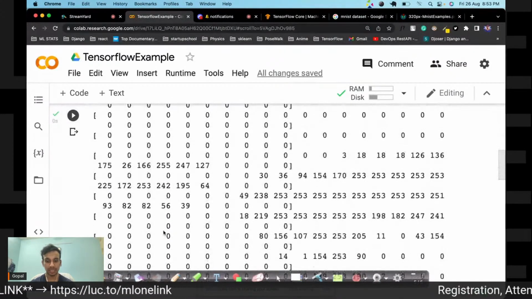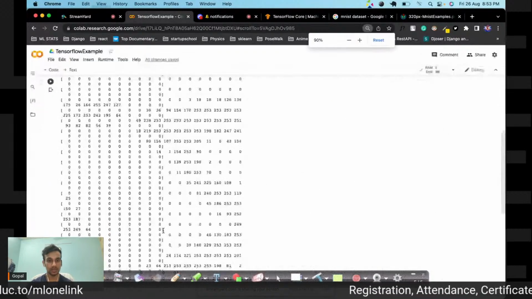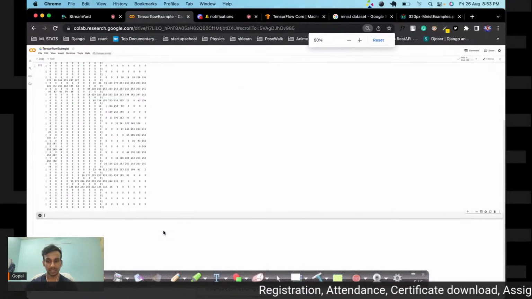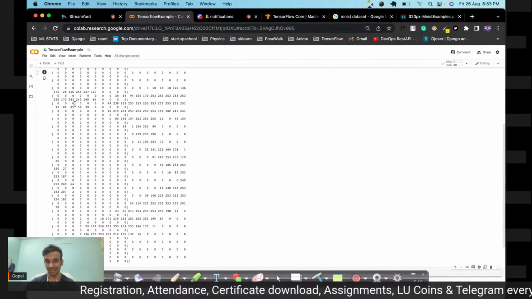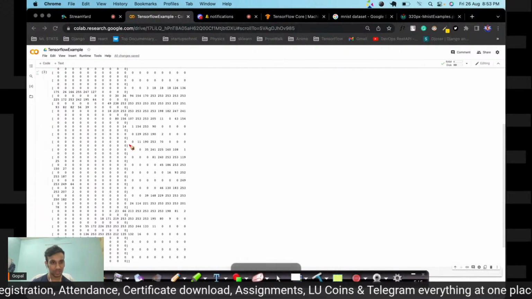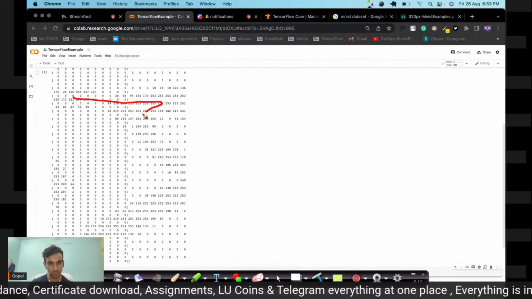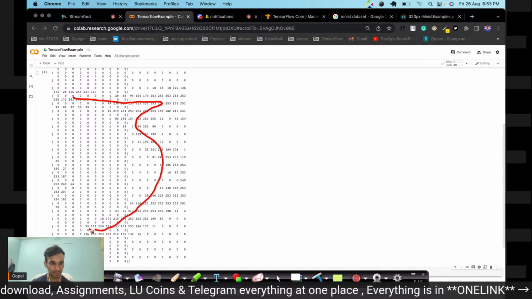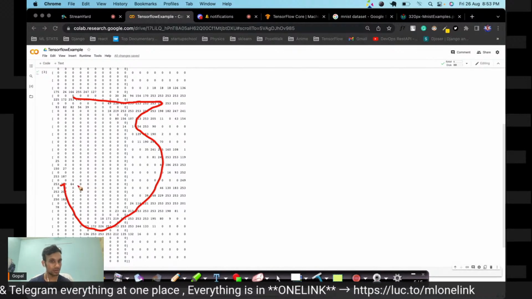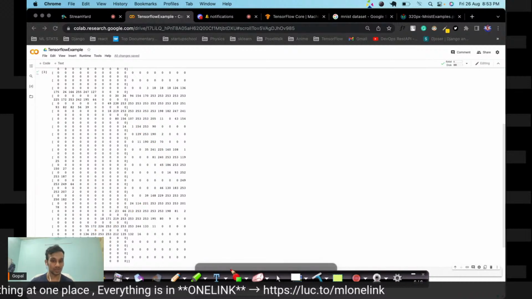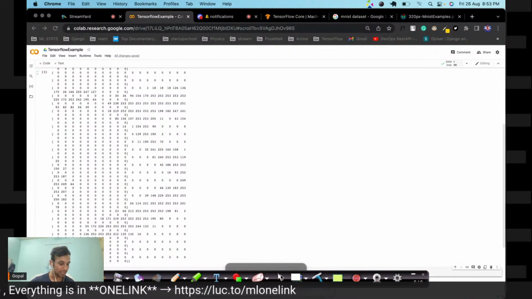So if you notice here, if I zoom out a bit, this actually looks like a 3. I hope so, something like this, it's a 3. Yes or no? Okay, let's actually plot this out, so that will be much more apparent, I guess.